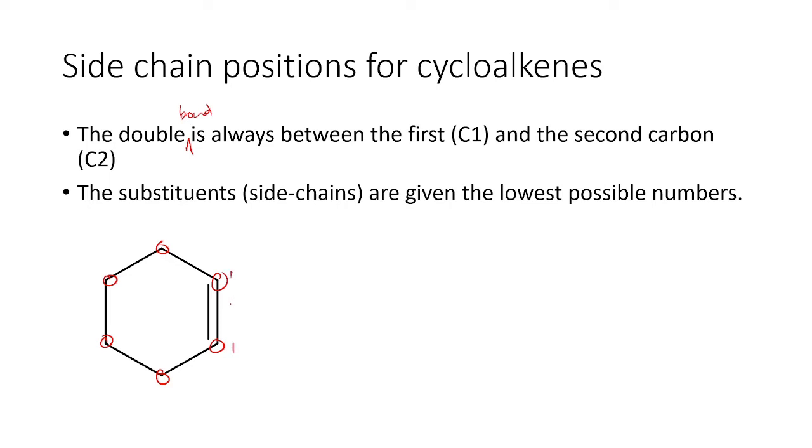It won't matter, okay? Because we don't have any side chain here. So in naming this compound, we simply name this as cyclohexene. Why cyclo? Because it is cyclic. Hex, because it is six carbon atoms. And we have here ene because of being an alkene or having a double bond.